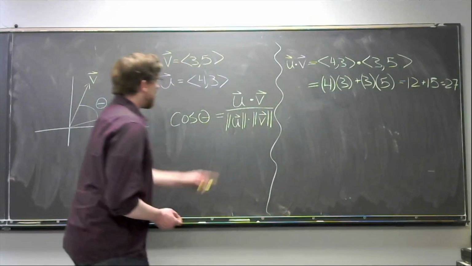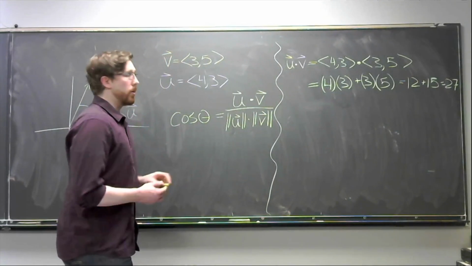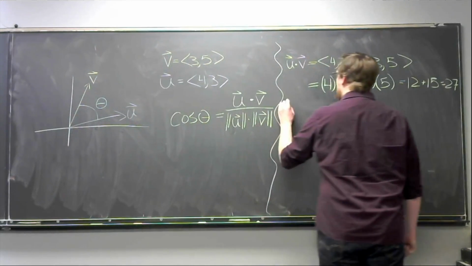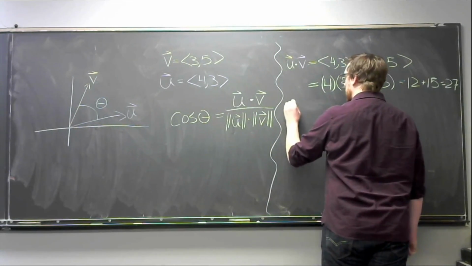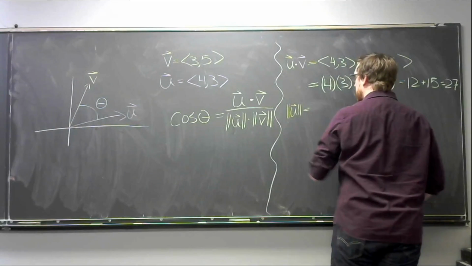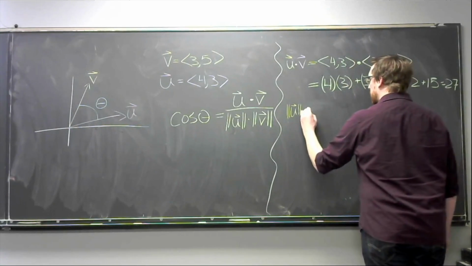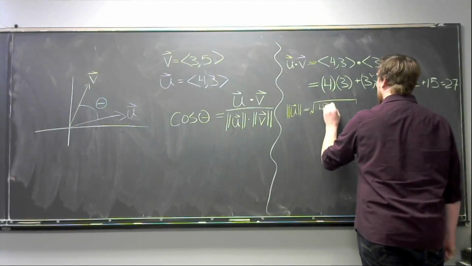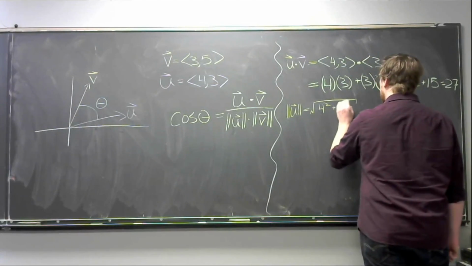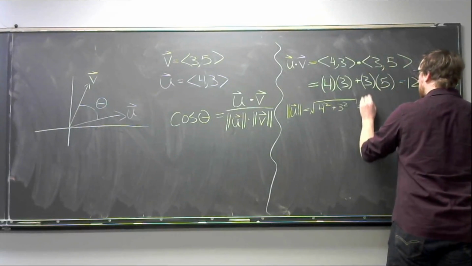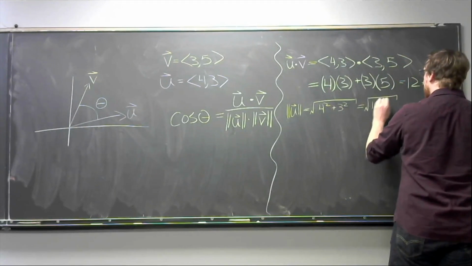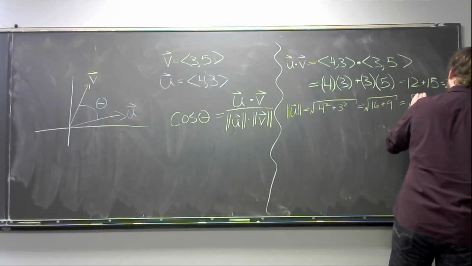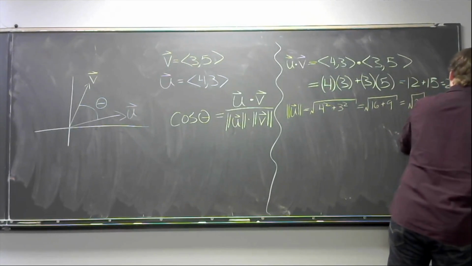Now, we need to find the norm or magnitude of u and v. Well, the norm of u is equal to the square root of 4 squared plus 3 squared, which is equal to the square root of 16 plus 9, which is equal to the square root of 25, or just 5.